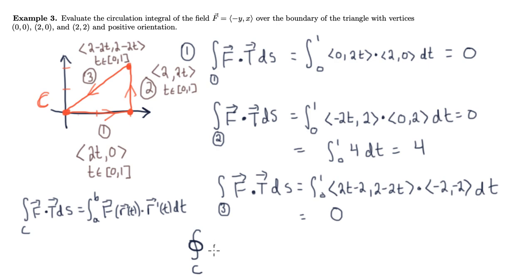And the integral is just the sum of this integral plus this integral plus this integral. So 0 plus 4 plus 0, which equals 4.